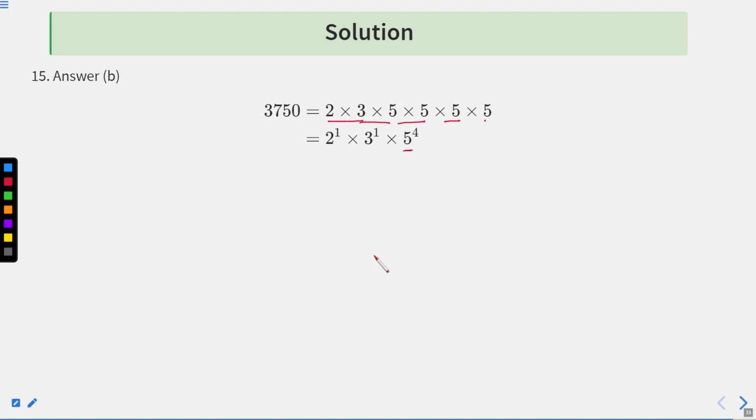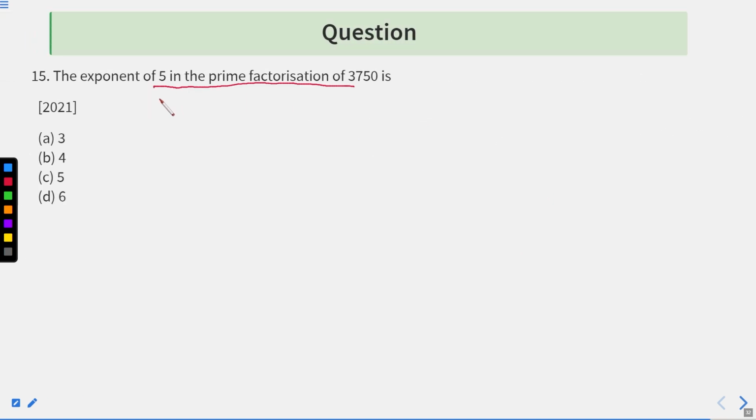The exponent of 5 in the prime factorization of 3750 is 4. Option B has 4, so the correct answer is option B.